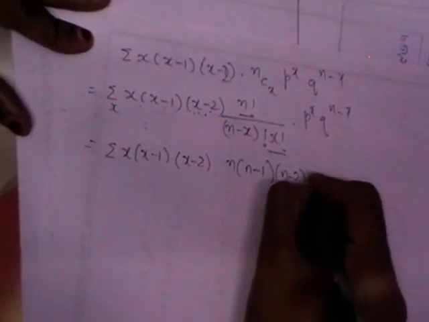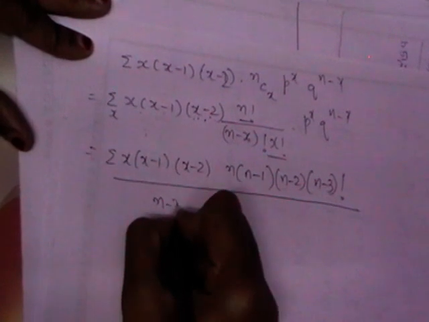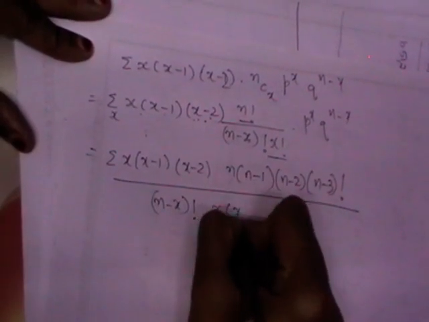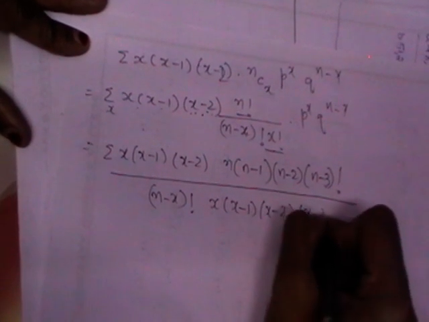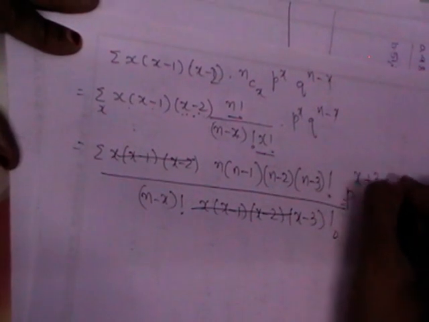The denominator one you also write as it is, n minus x factorial. This x factorial you are going to expand as x into x minus 1 into x minus 2 into x minus 3 factorial. These three terms are going to cancel. And here, as I said, you add and subtract 3 in the powers of both the terms.